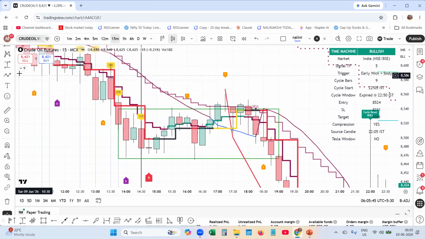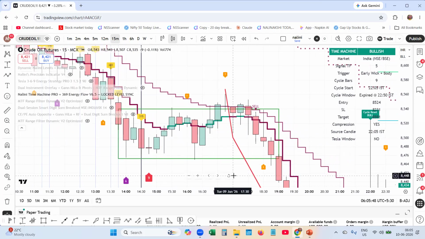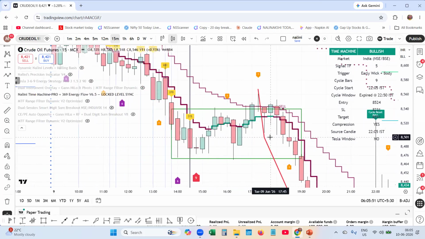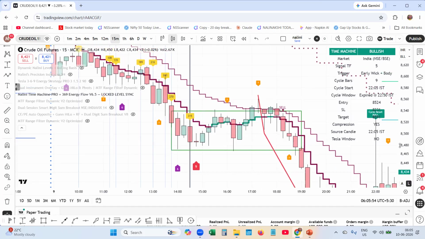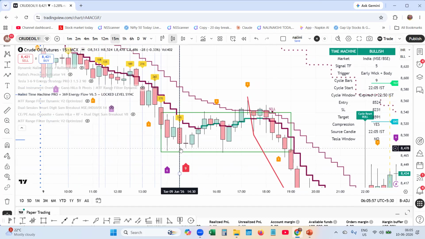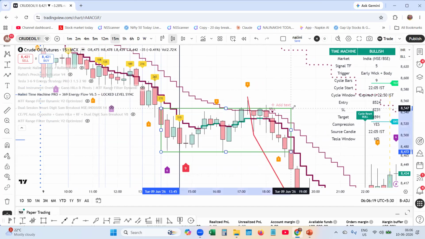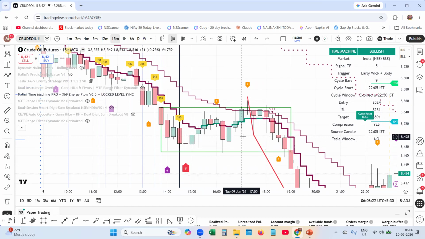Actually, I'll take out the Nalini Precision Engine and just watch the time machine. This is after our market close, 2:30 to 3:15. It is just moving sideways, from 3, 4, 5, 6, till the New York session opens.